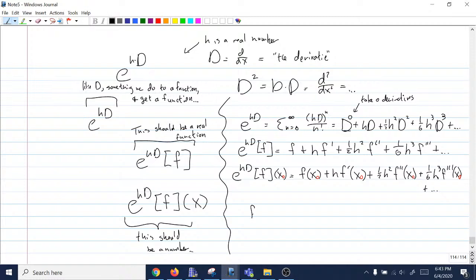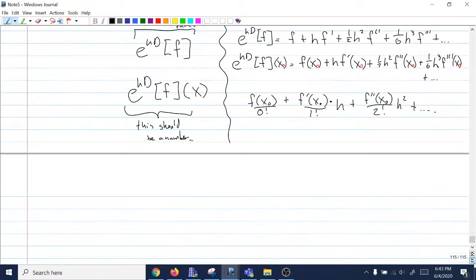This is the Maclaurin series of a function: f of x naught plus f prime of x naught times h, where the constant out front is over 0 factorial, over 1 factorial, not written because they don't need to be. Then f double prime of x naught over 2 factorial h squared. What? So, what's the simplest way to write this?